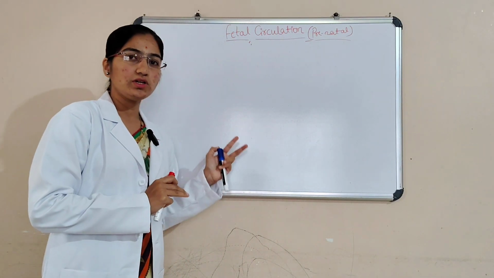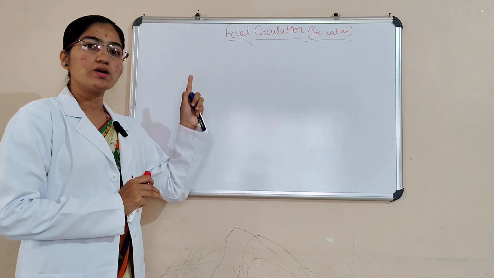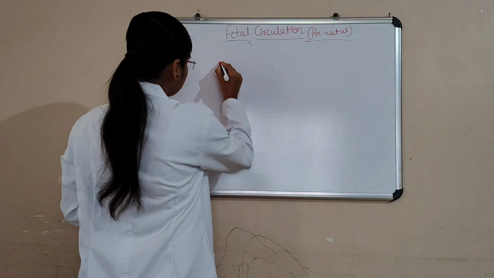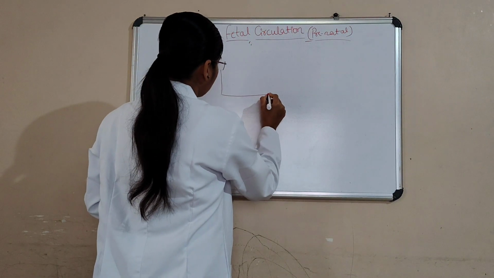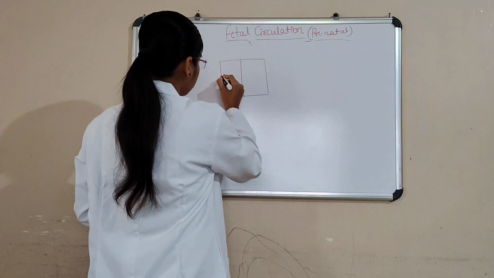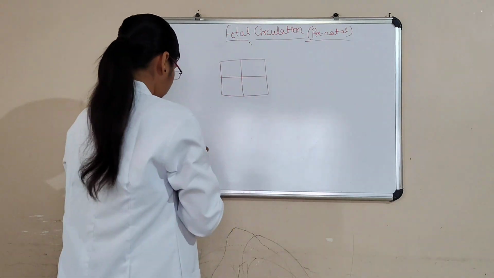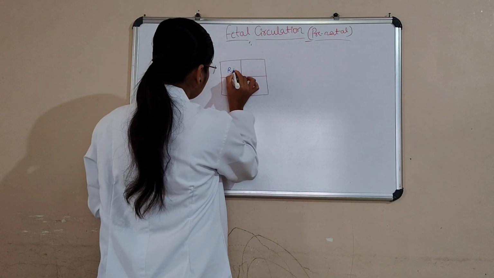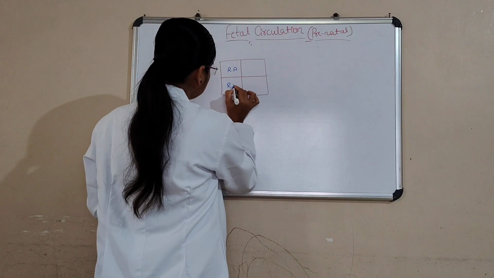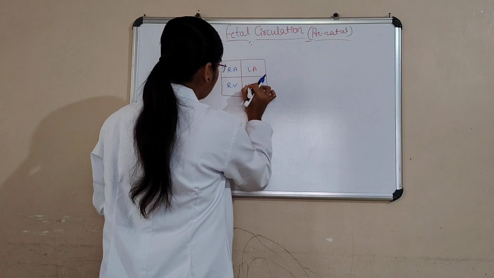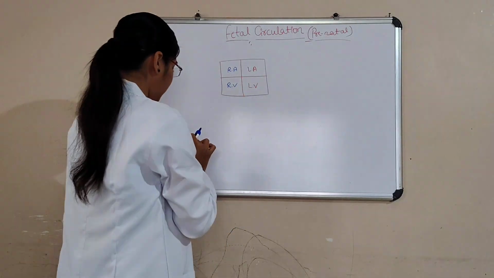Again from the inferior vena cava it goes to the right atrium. The heart has 4 chambers: right atrium, right ventricle, left atrium and then left ventricle.